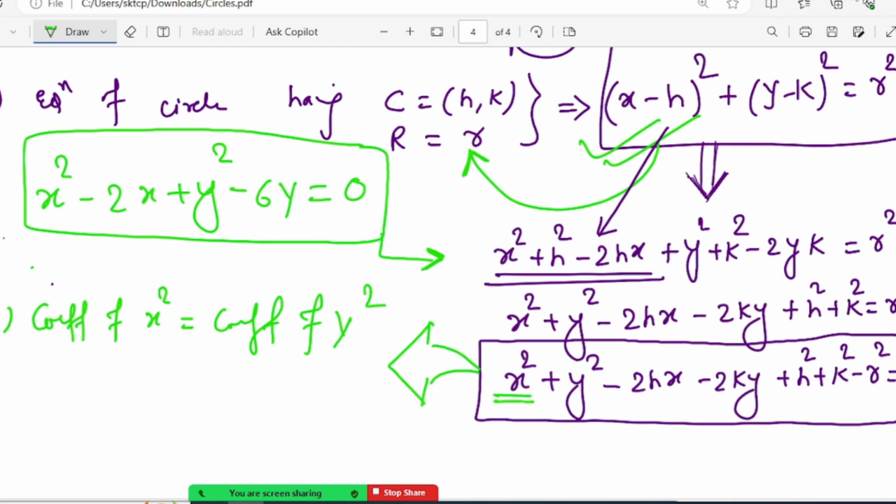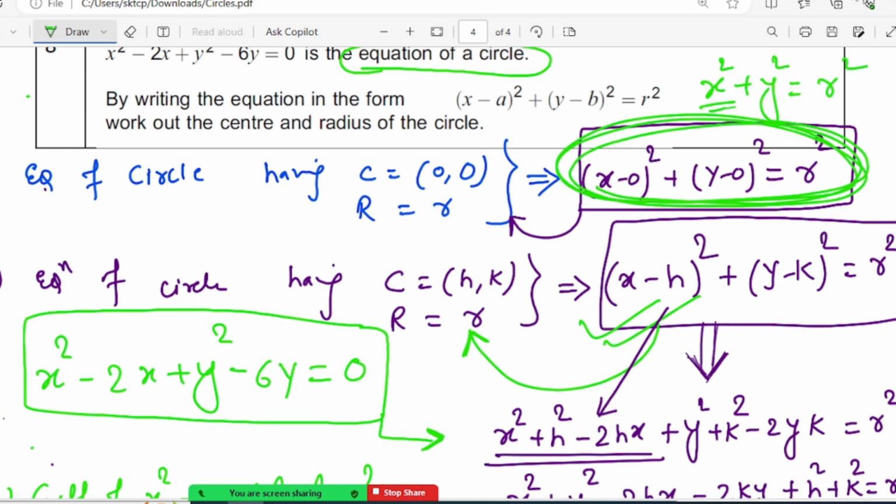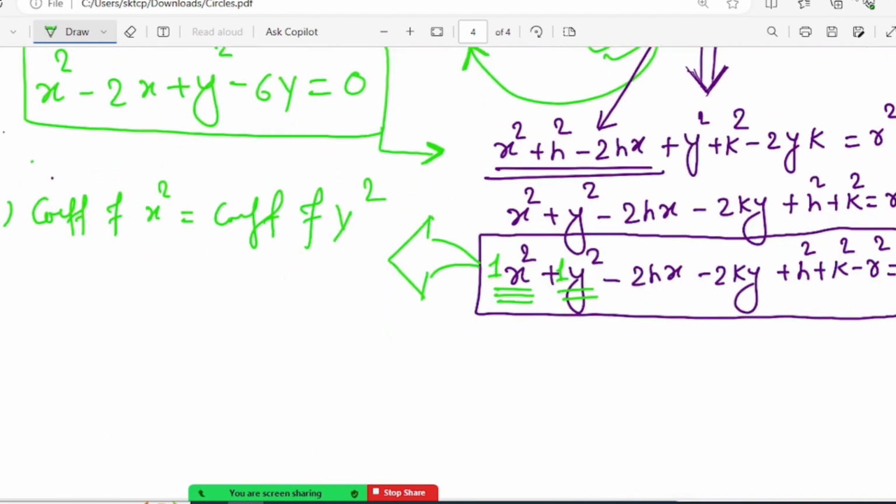See here, the coefficient of x square is 1, and here it is also 1. You can see this condition here also: when you simplify, you get x square plus y square equals r square. So the coefficients of x square and y square must be the same.